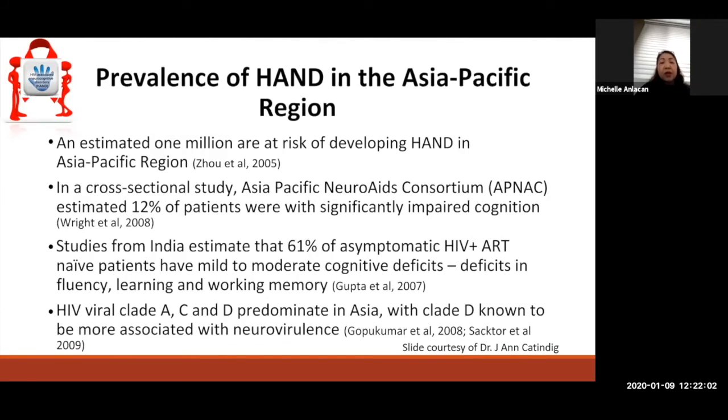Even the studies from India actually quote a higher number because their screening tool was always positive. So it depends. And the viral classifications are also very important because the more neurovirulent it is, obviously, the more HIV-associated neurocognitive disorder you expect. Next, please.